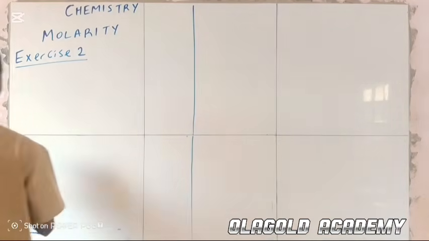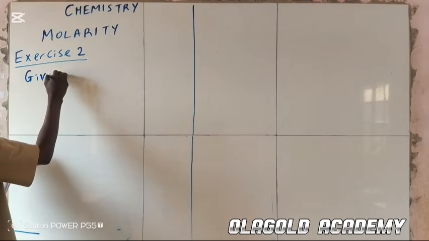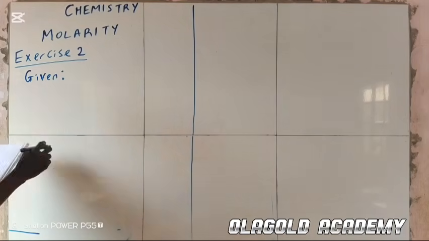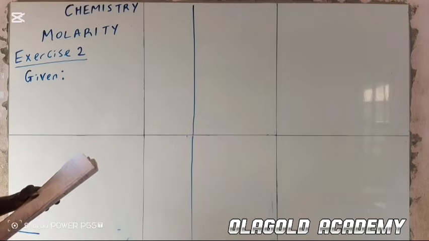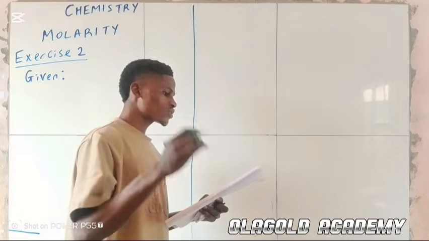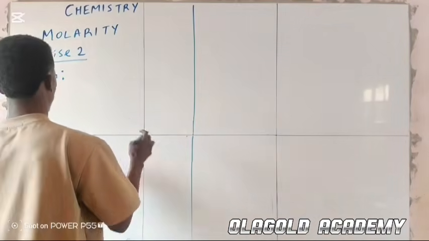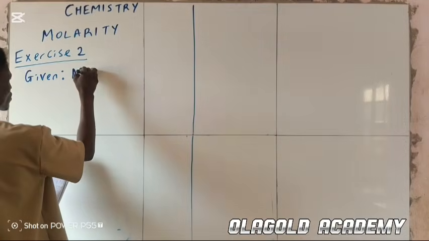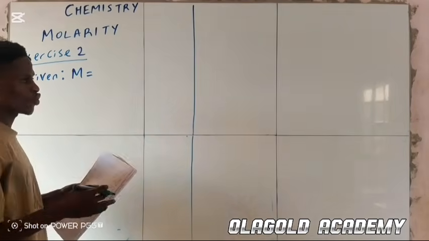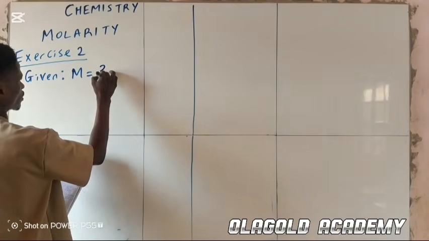As usual, let's list out our given parameters. What and what are we given in the question? The question says, what is the molar concentration? Molarity is another word for molar concentration, so that is the question mark.